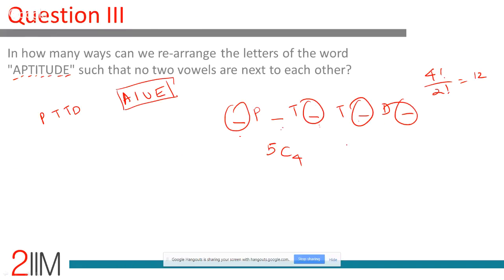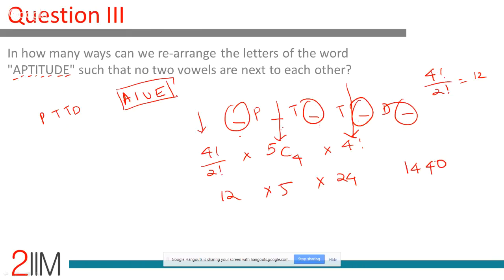In how many ways can we have A, I, U, E sitting there? 4 factorial ways. So we have 4 factorial by 2 factorial ways for arranging the consonants, into 5C4 for selecting the slots, into 4 factorial for arranging the vowels. 12 into 5 into 24. Or 60 into 24, 1440.